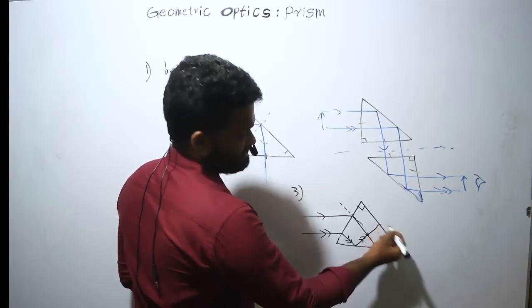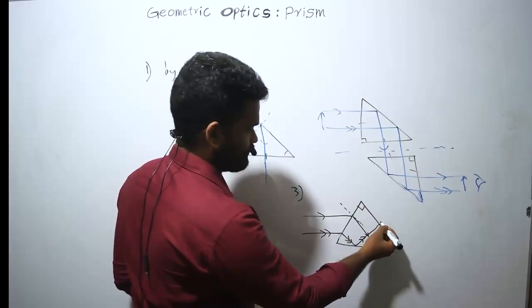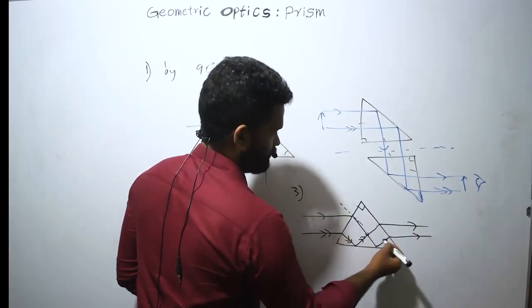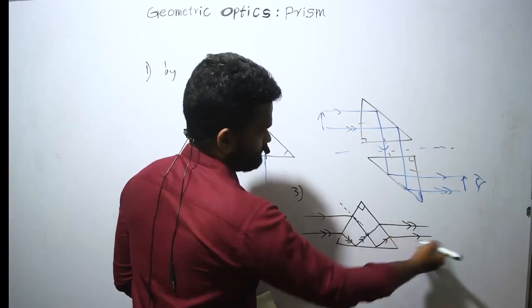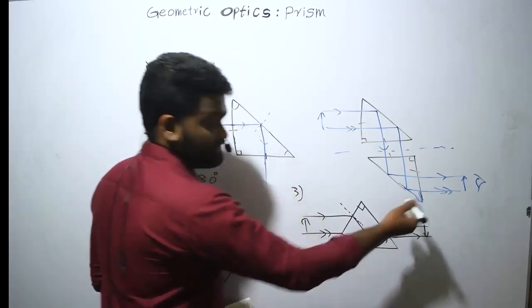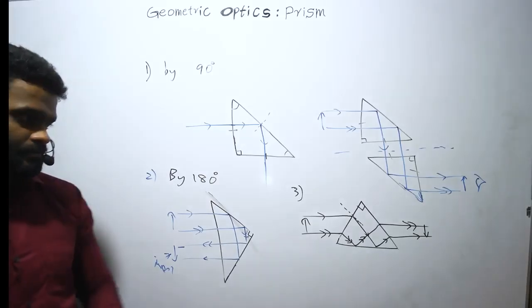Then here there's a refraction. This has refraction as well. This is double arrows and this. So you can see it has inverted, right? It has an inverted image.